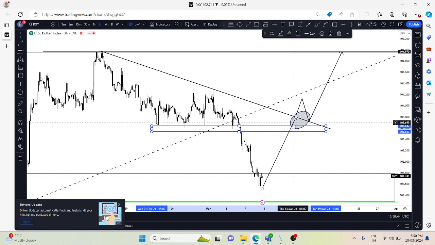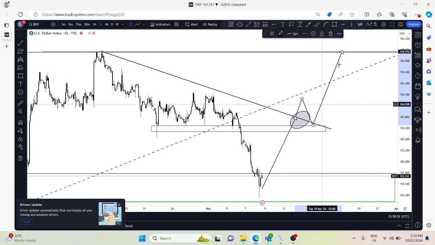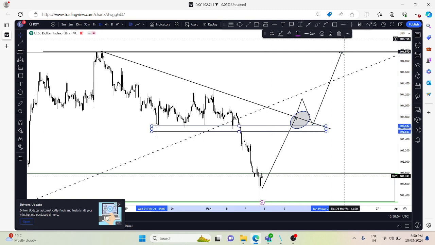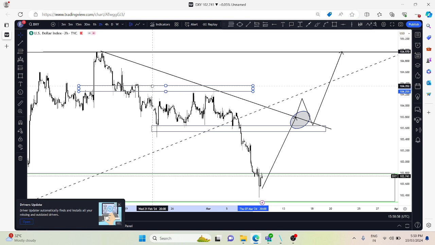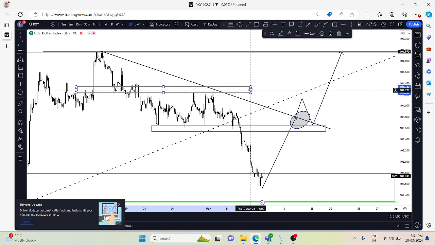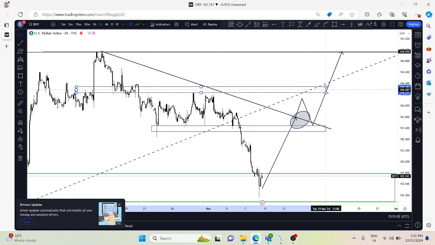If it approaches impulsively, then we know that we are going to break and retest either the trend line or the support zone going to the upside. And another area that we also need to be aware of is this area, around this area. You see, now you can see that we are having a lot of confirmations telling us that we are about to go to the upside.